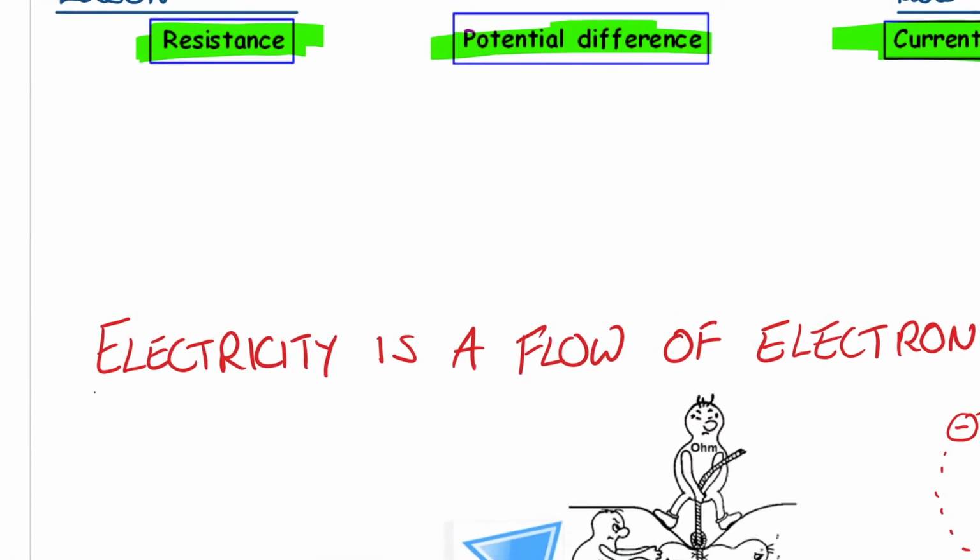Look at the word electricity. You can see how it relates to electron. It's a flow of electrons.